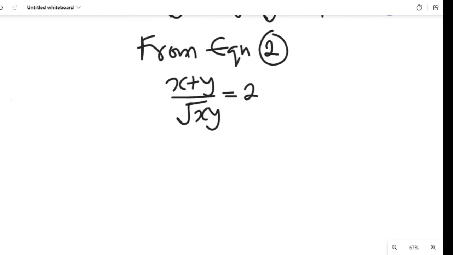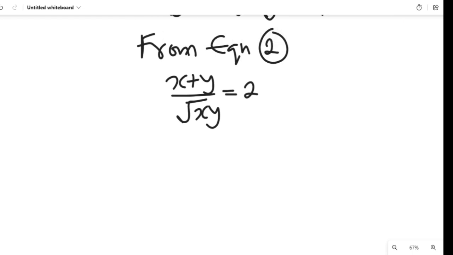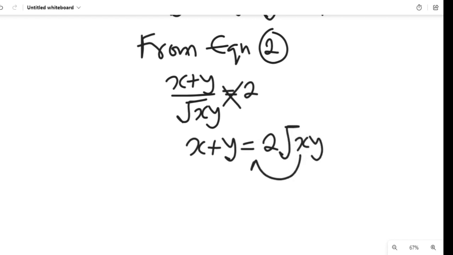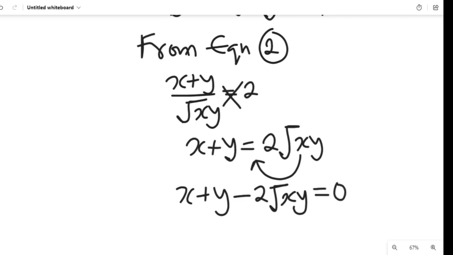So what we need to do is to cross multiply. If we cross multiply, we'll have x plus y equal to 2 times the square root of the product of x and y. So let this come here, and that will give us x plus y minus 2 root xy, and this will be equal to 0. So let's consider that to be equation 4.